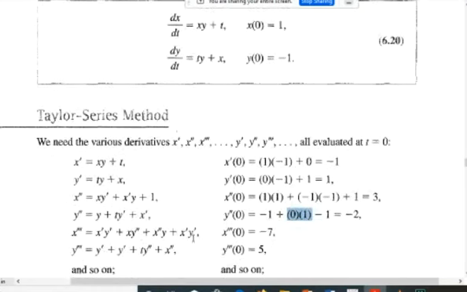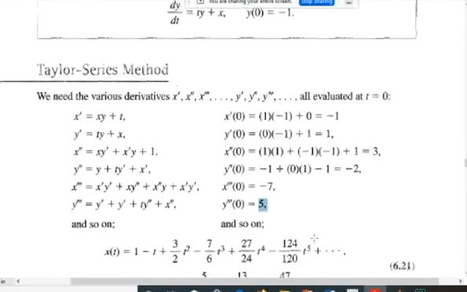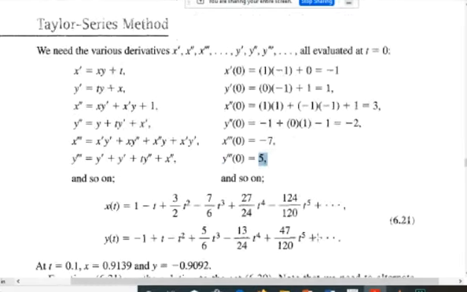X triple prime and y triple prime are simply computed, and the values at the initial point are minus 7 and 5. And we have these values of derivatives at the initial point 0.